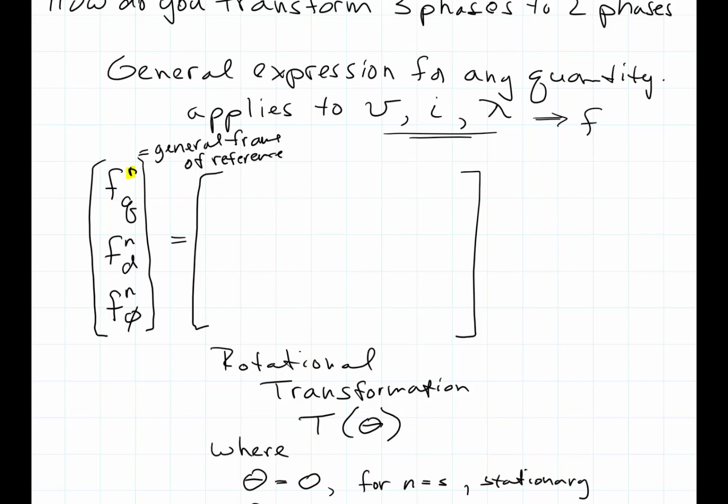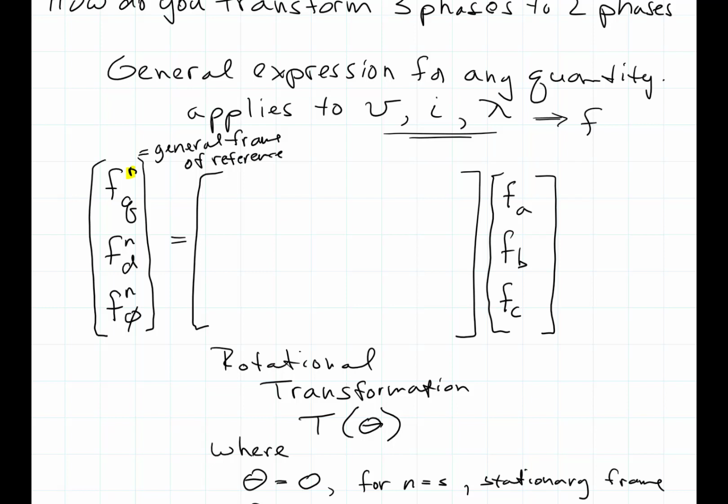So you have stationary, synchronous, or rotating. And then this matrix is going to multiply whatever quantity we want to transform: the A phase, the B phase, and the C phase.